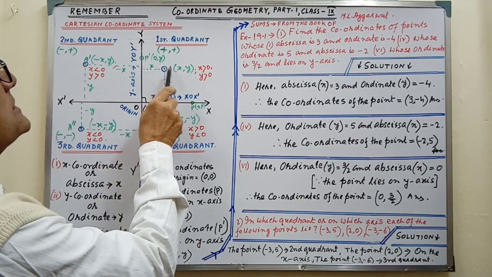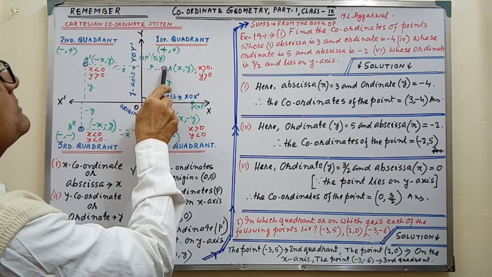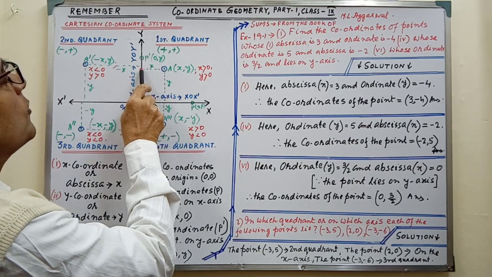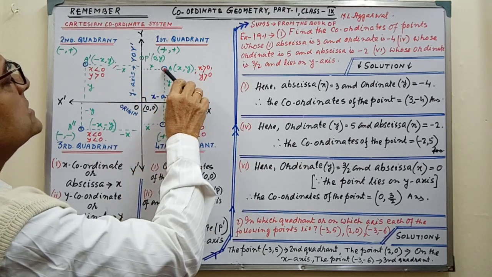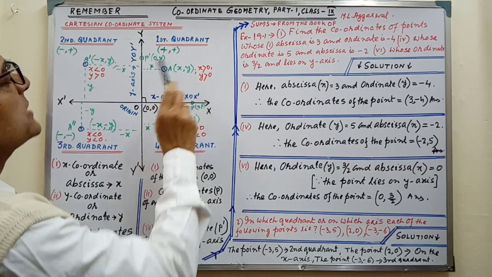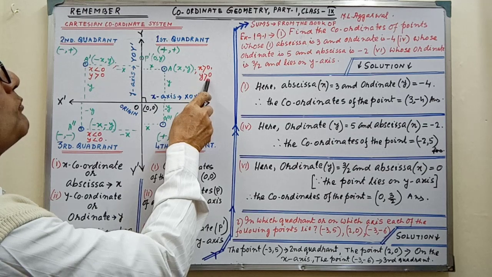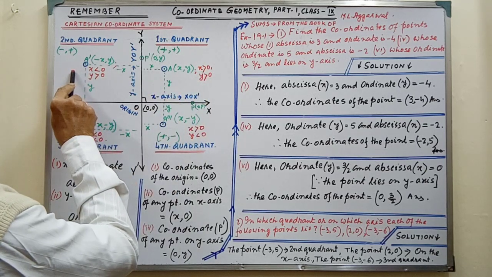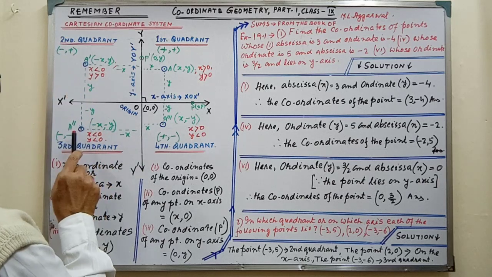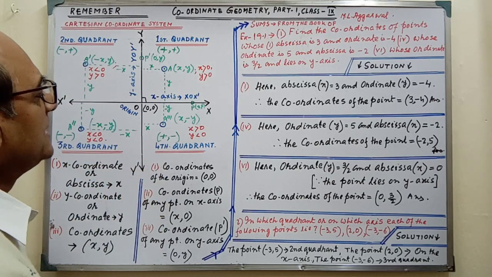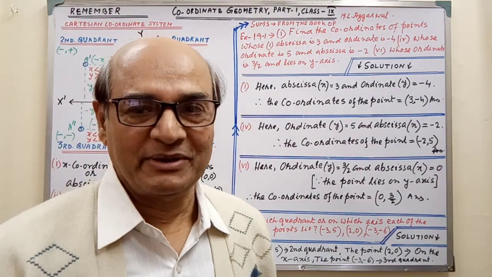Value of x is the distance of the point from the y axis, and the distance of the point from the x axis is y, and x and y are both greater than 0. In this quadrant it is minus, plus, in this quadrant minus, minus, and this is plus, minus. This you have to remember.